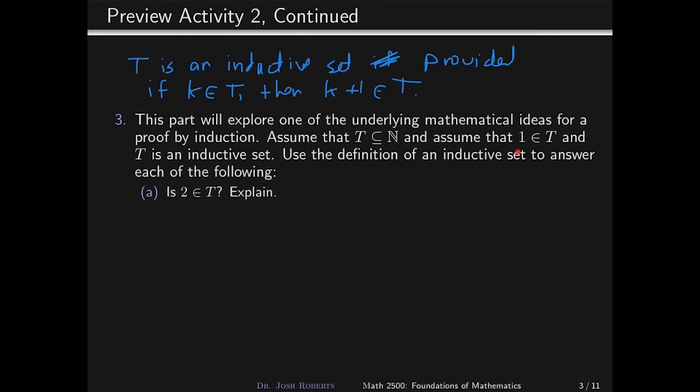We know that 1 is in T, and we know that T is an inductive set. Well, if 1 is in T, that means 1 plus 1 is in T. So yes, 2 is absolutely an element of my set.